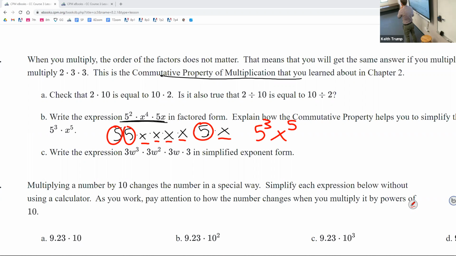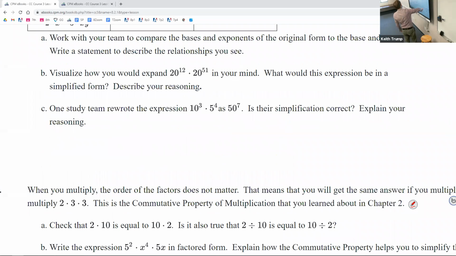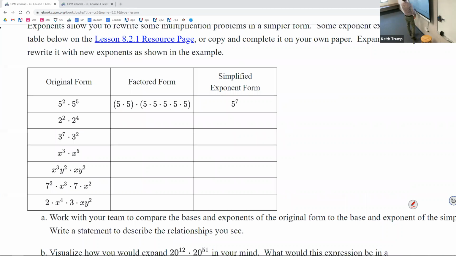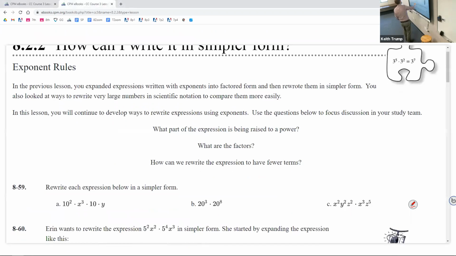Now, let's see another pattern. So in this video, or in this first part, we saw how you can combine these exponents by adding them, okay? And that's proven here, all right? But you can also see another pattern here.